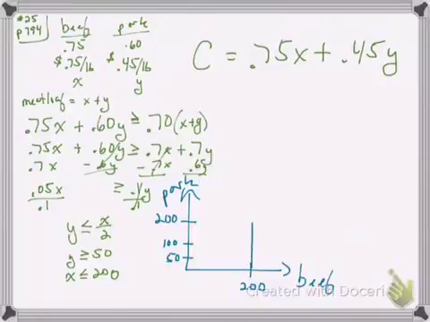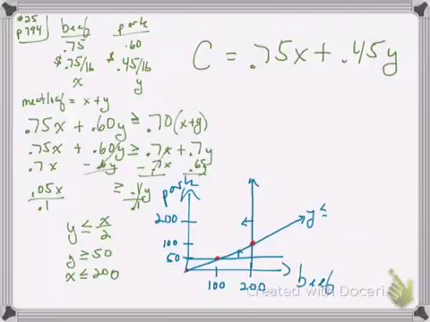Beef will be this line, and it has to be less than 200. 50 will be this line, it has to be more than 50, and then finally y is less than half x, which means for every 1 we go up, we have to go over 2. So I just cut that in half, and that's 100. If we start at 0, 0, up 50 over 100, that will be our line. That's our y is less than x over 2 line.